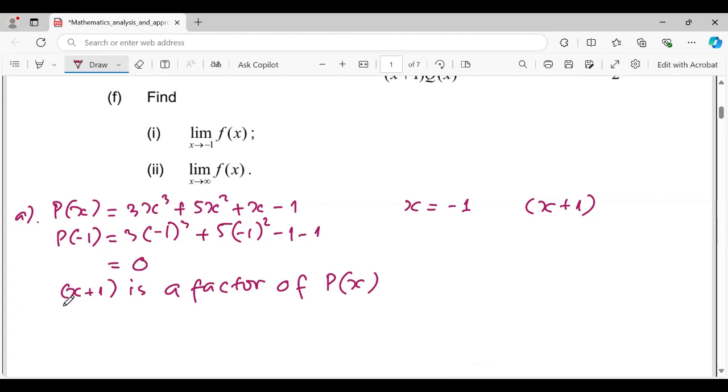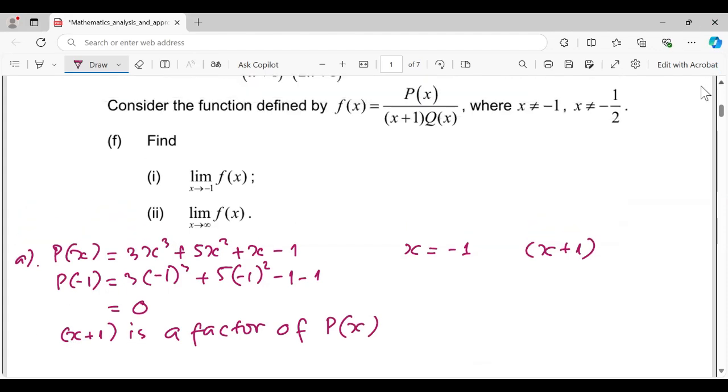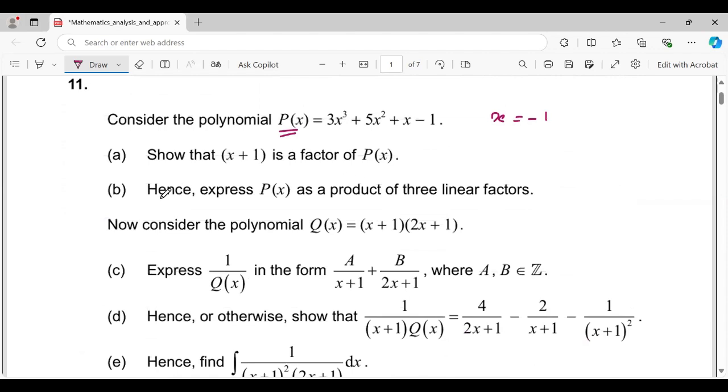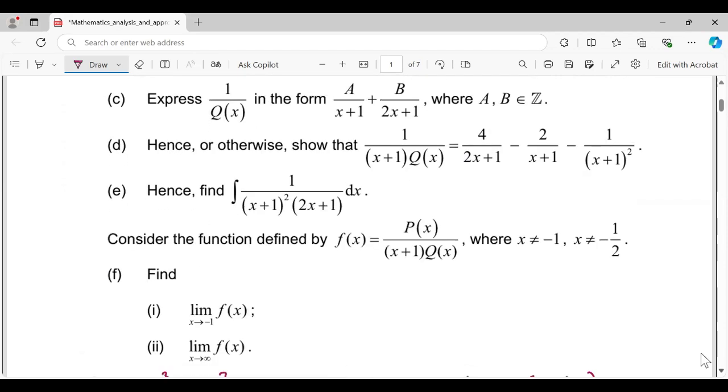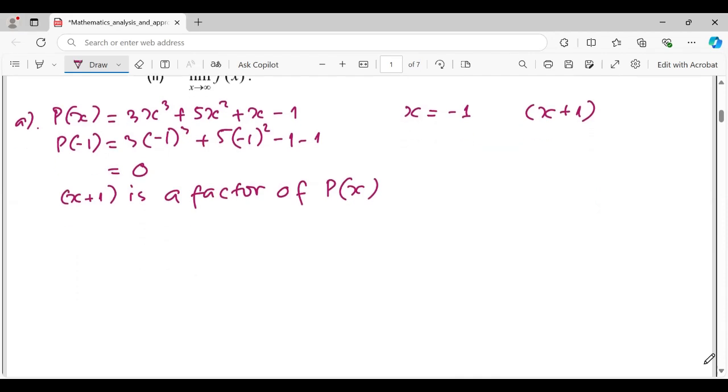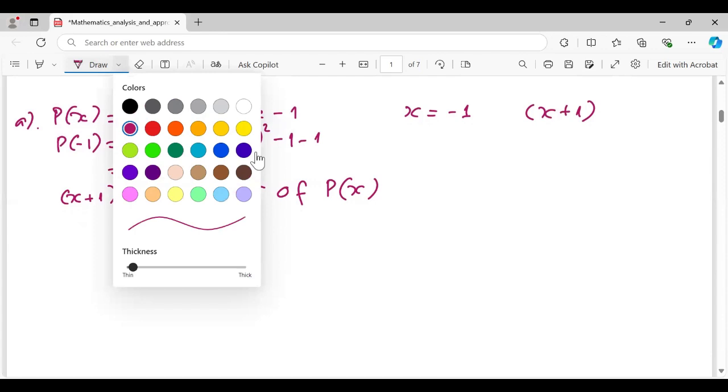And part b: hence, express p(x) as a product of three linear factors. So we are going to find three linear factors of p(x).